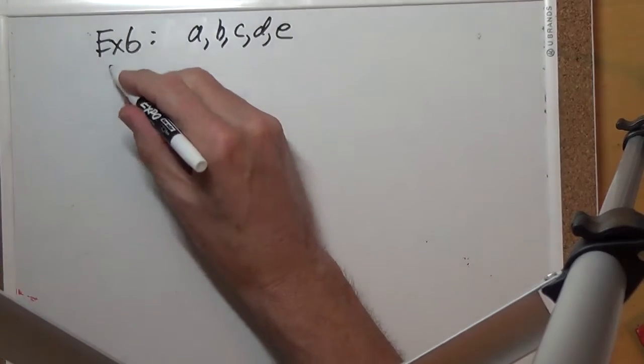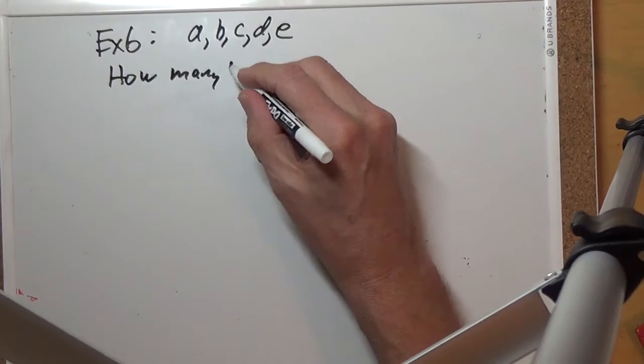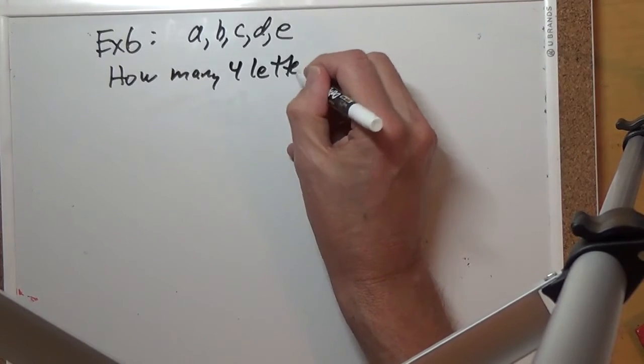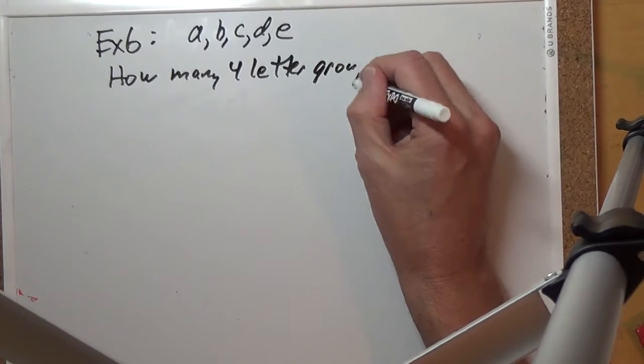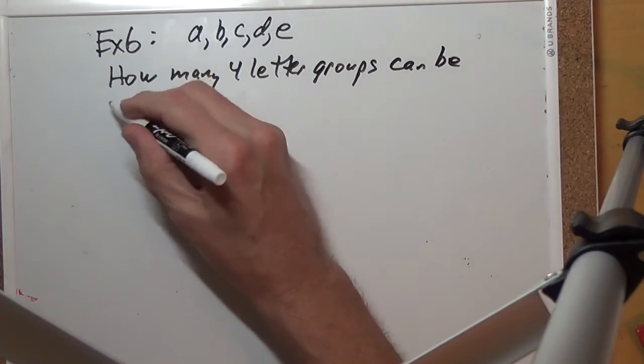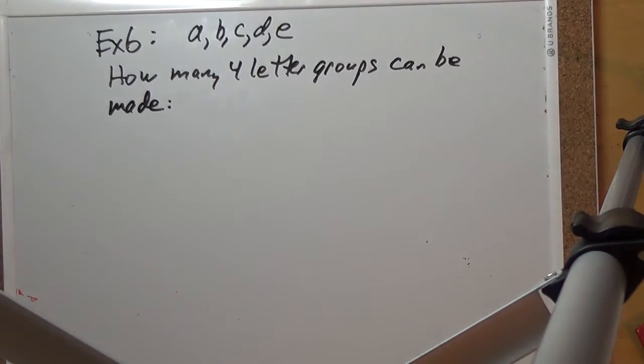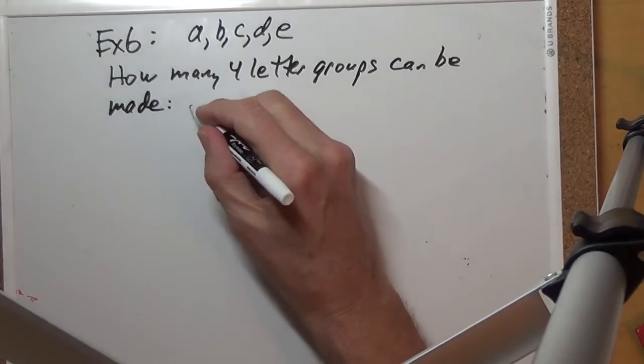How many 4-letter groups can be made if a letter can be used more than once?